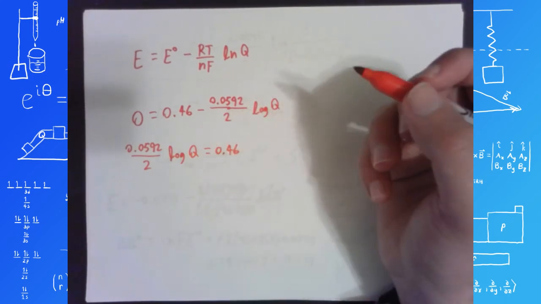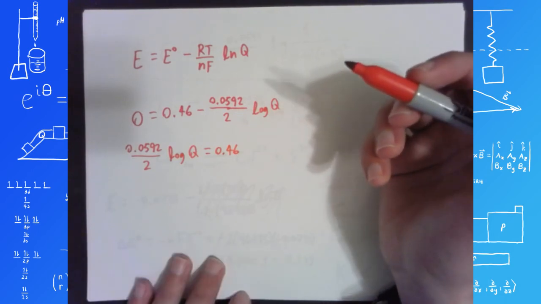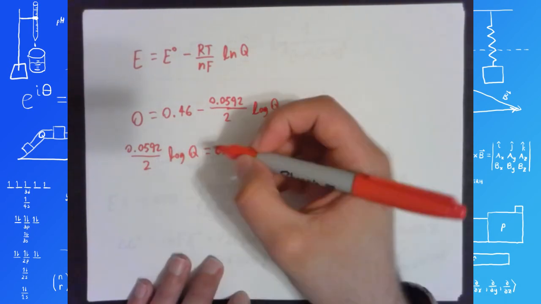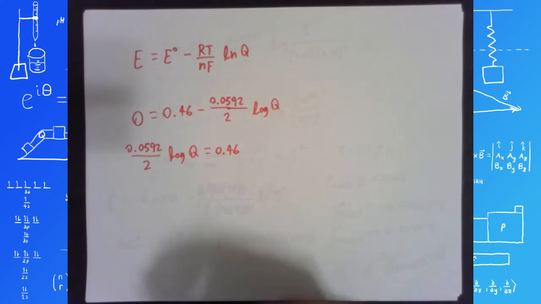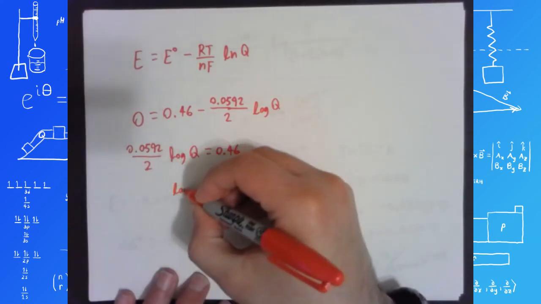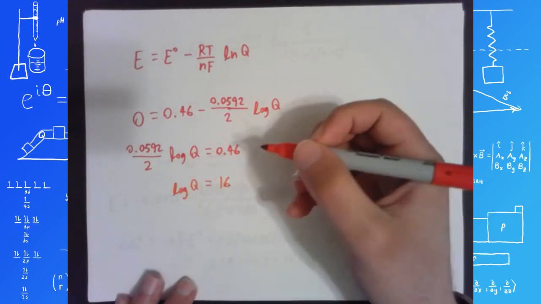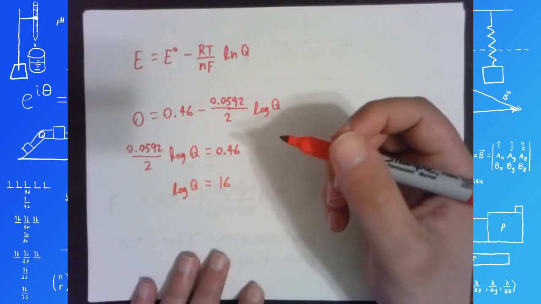Multiply by 2, that's going to be 0.92. And then 0.92 over 0.0592, rounded to 2 sig figs is 16. So log of Q equals 16, which means that Q would be 10 to the 16th power.